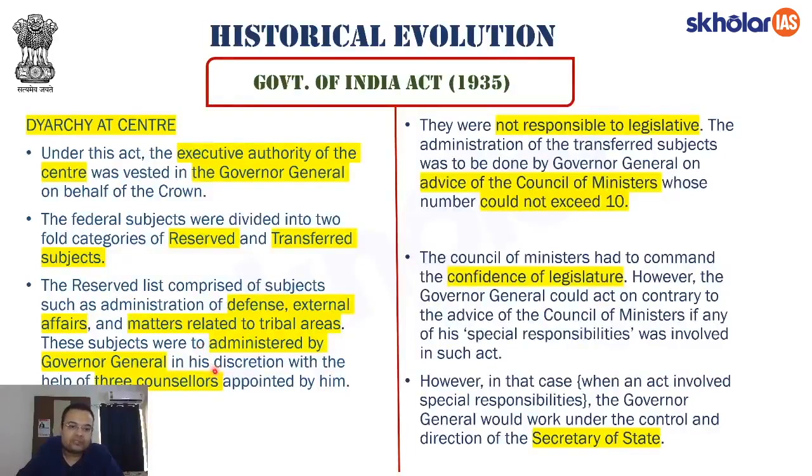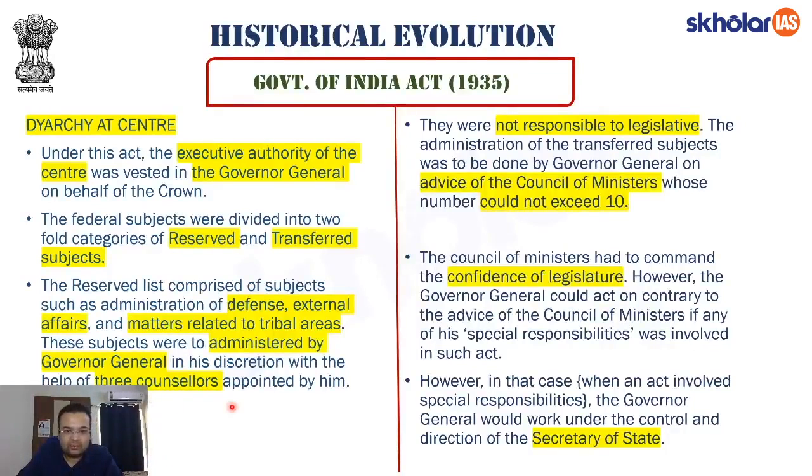Anyways, these subjects were to be administered by the Governor General in his discretion with the help of 3 councillors appointed by him. So the reserved list subjects will be administered by whom? Will be administered by the Governor General, and the Governor General will have discretion with respect to it. He doesn't really have to ask, he doesn't need to take permission of the elected representatives. All he requires is his team of councillors.